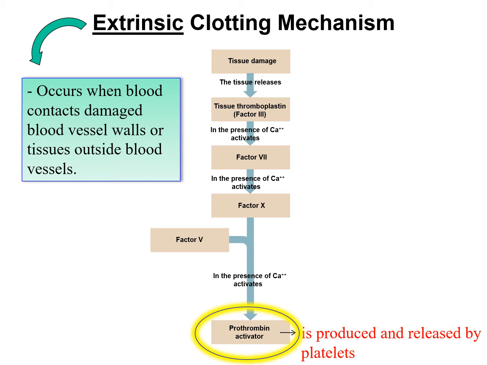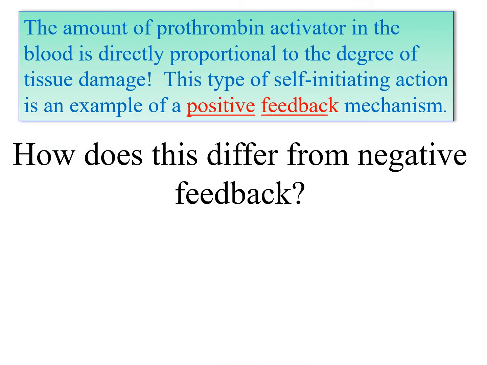And the amount of prothrombin activator produced by the platelets is directly proportional to the degree of tissue damage. So if you have a more significant injury, you're going to have more prothrombin activator produced than if you had, say, a minor little sliver or a little cut.